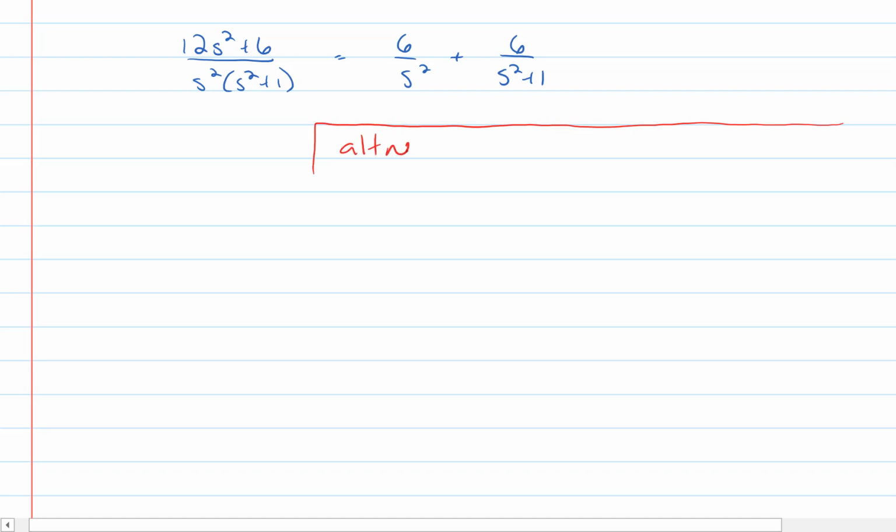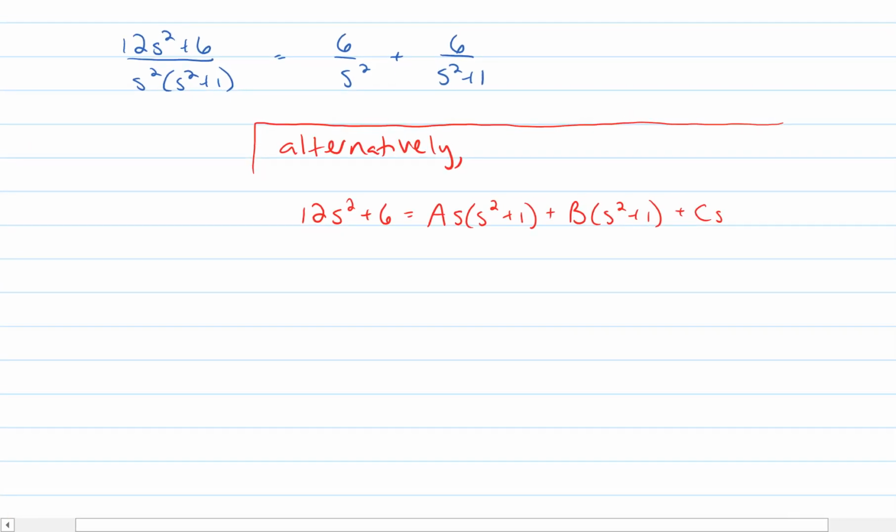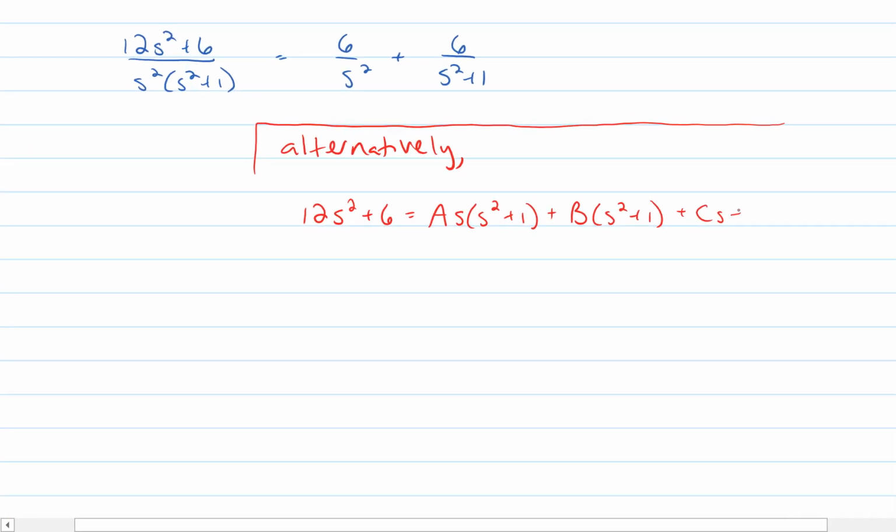Alternatively, you could take your original statement after you've multiplied by the common denominator, get to 12s squared plus 6 is equal to As times s squared plus 1 plus B times s squared plus 1 plus Cs plus D times s squared.